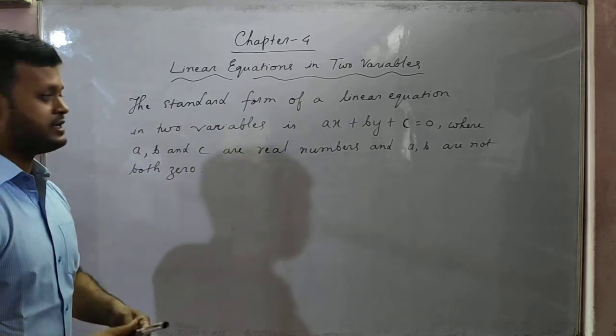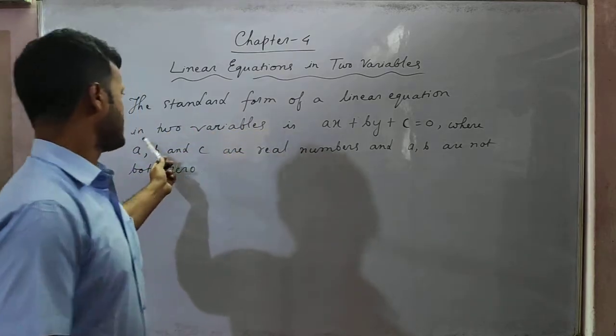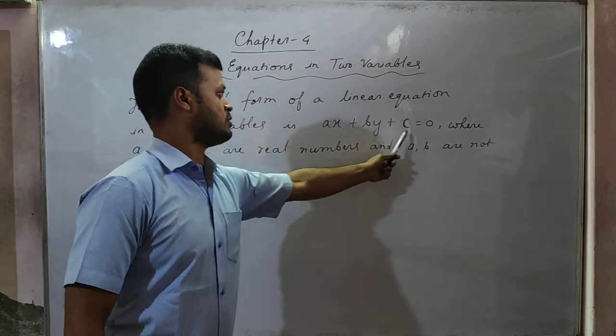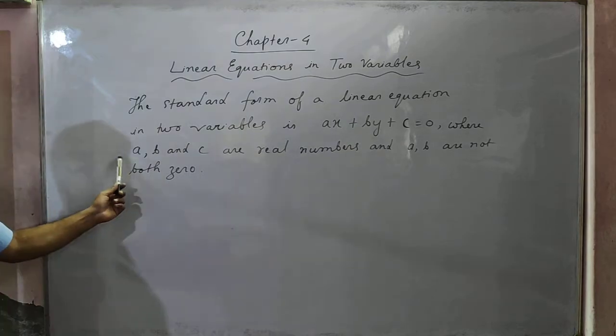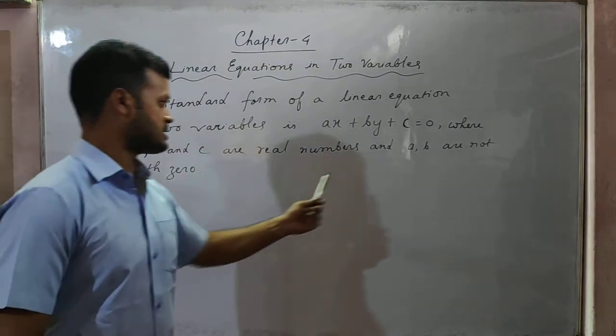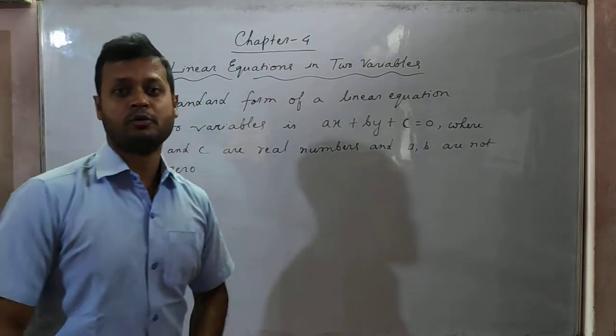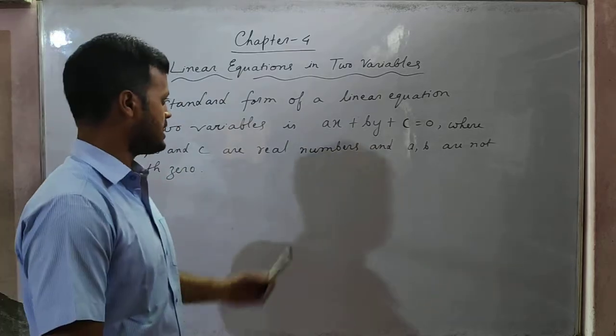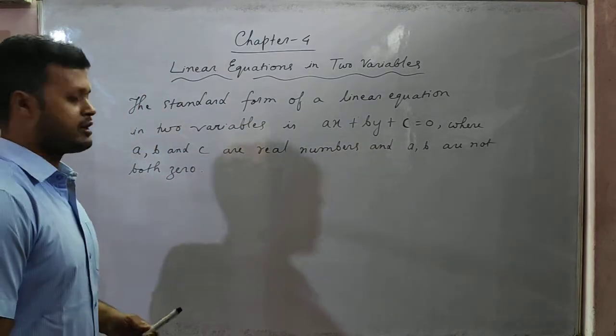The standard form of a linear equation in two variables is ax plus by plus c is equal to 0, where a, b and c are real numbers and a, b are not both 0. Okay, this is the standard form of a linear equation in two variables.